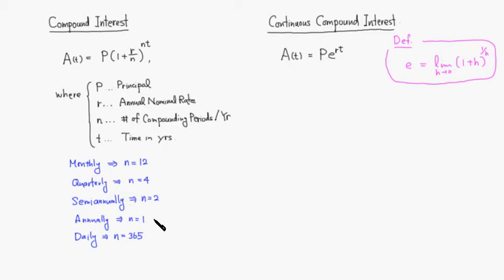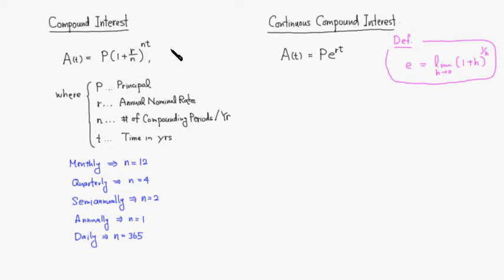Then you might wonder, what if interest is compounded every minute, or every fraction of a minute, or every second? What would happen to the interest or the formula? So what we do is make the number of compounding periods per year bigger and bigger.